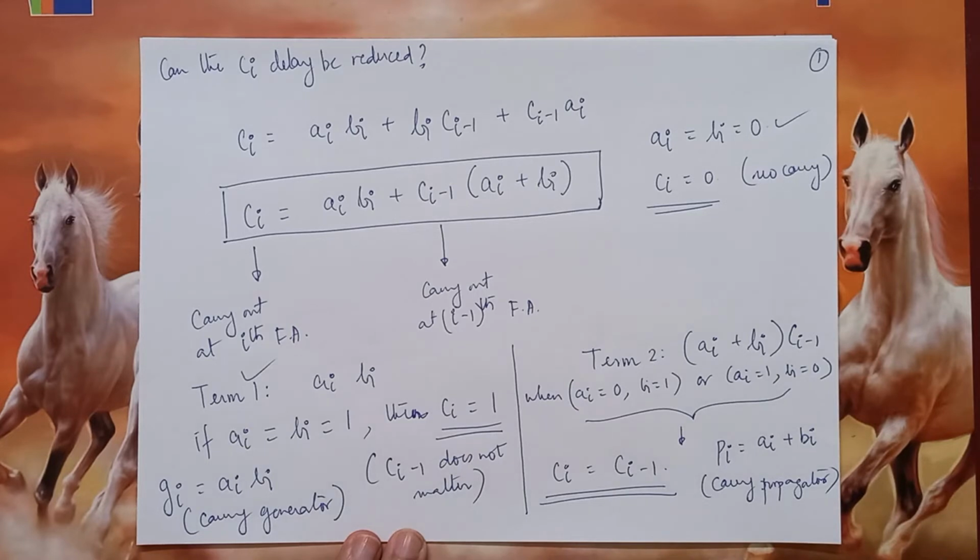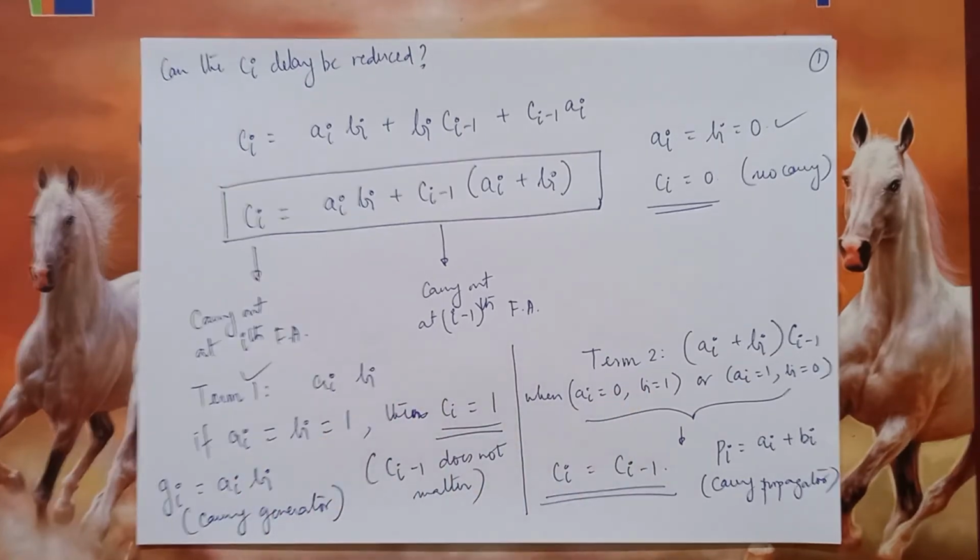None of these is a function of Ci minus 1. So although it does not seem as though a 100% solution is reached, we can say that yes, under some cases, we have been able to isolate the cases when the dependency on the previous stage will be there versus when it is not there.